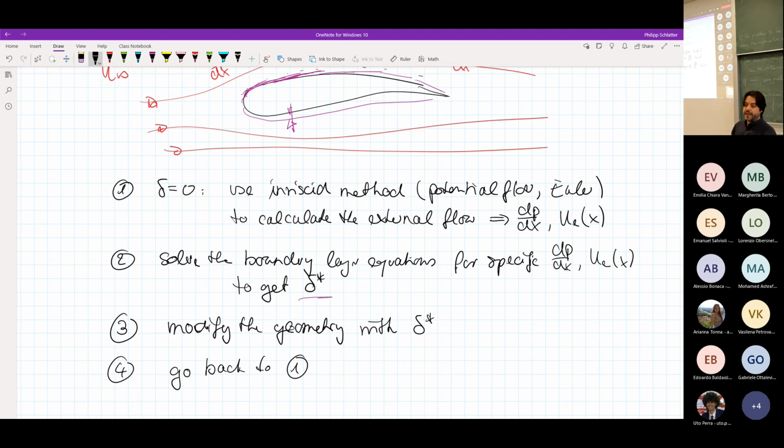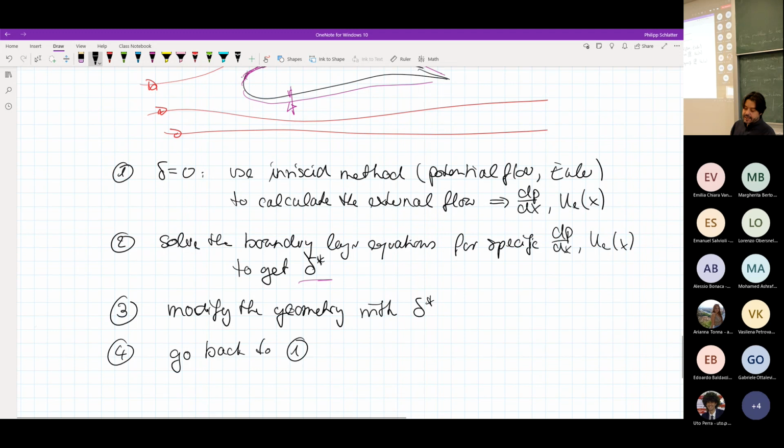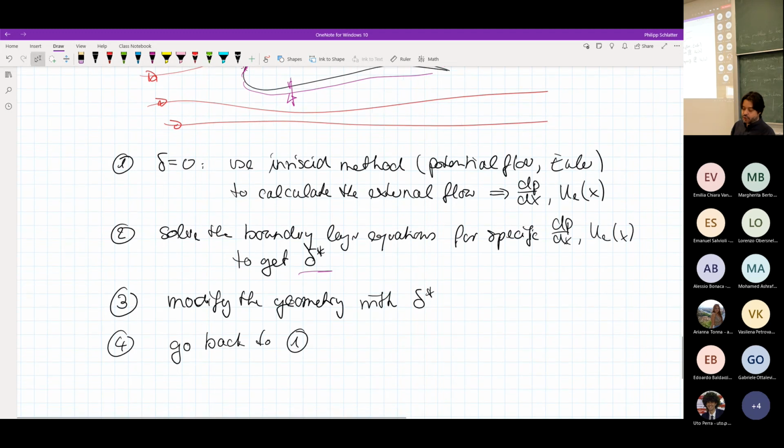Of course, there's one aspect that we have not talked about. What I'm saying here is: solve the boundary layer equations for a specific dp/dx. We have only solved it for one specific dp/dx so far, which was the Blasius solution, where dp/dx was 0. So we have only gotten a profile for one case.